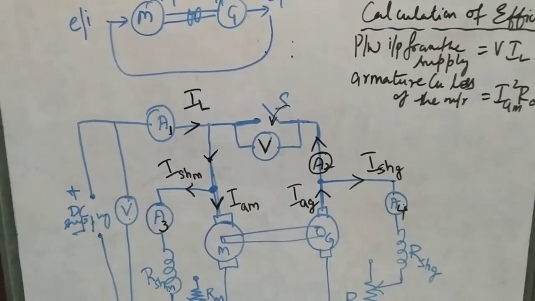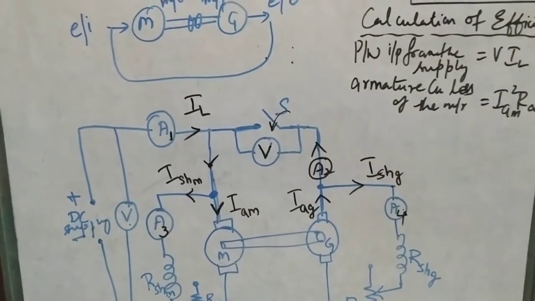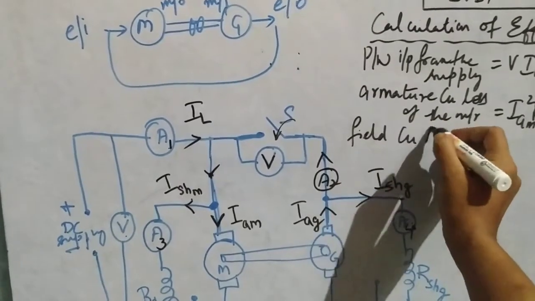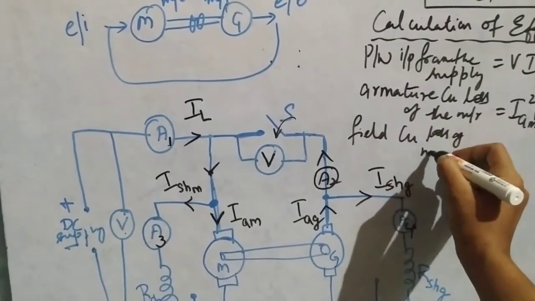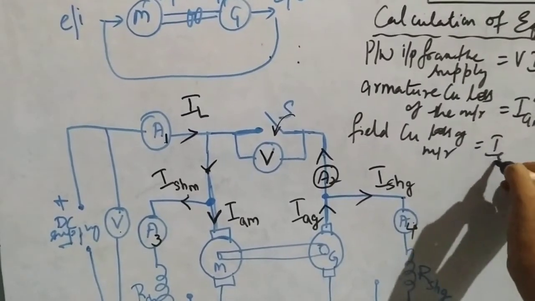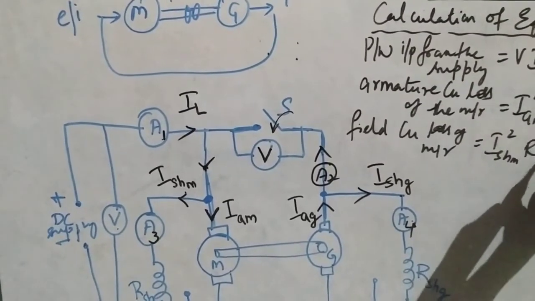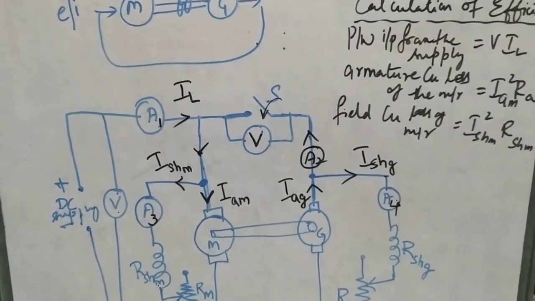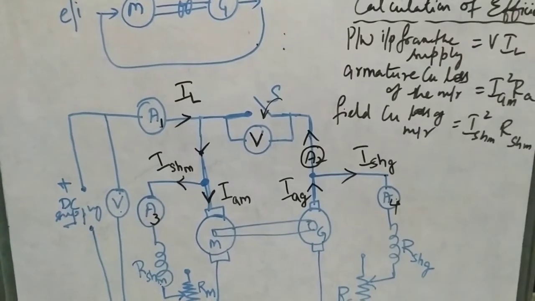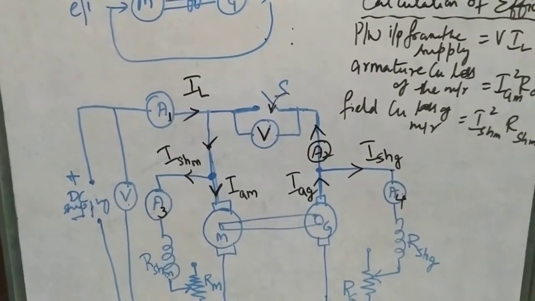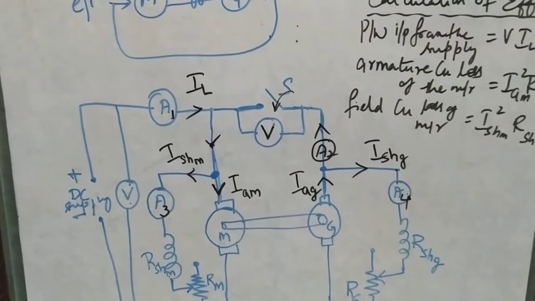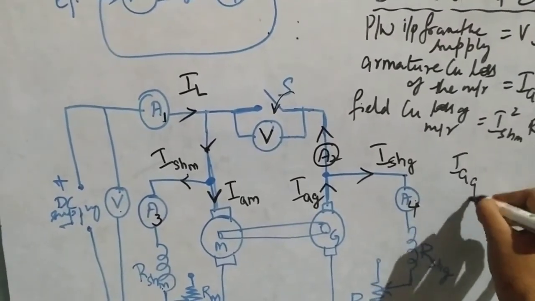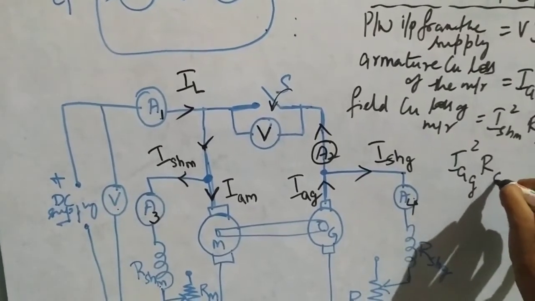Similarly, the field copper loss of the motor will be equal to I shunt M square into R shunt M. Similarly, the armature copper loss of the generator is IAG square into RA.